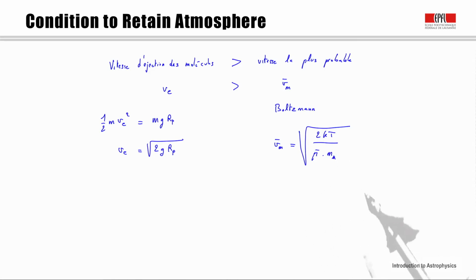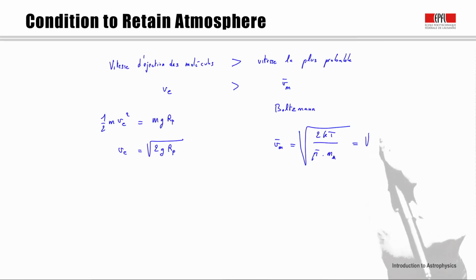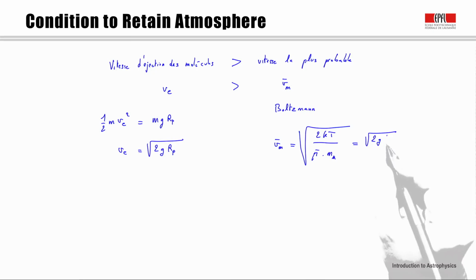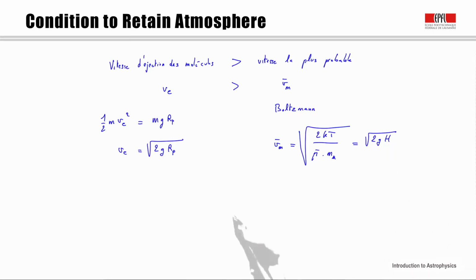Here is where the H we previously saw appears. We can rewrite this mean velocity as the square root of 2gH, where H is the characteristic height we previously computed, the relation we wrote.